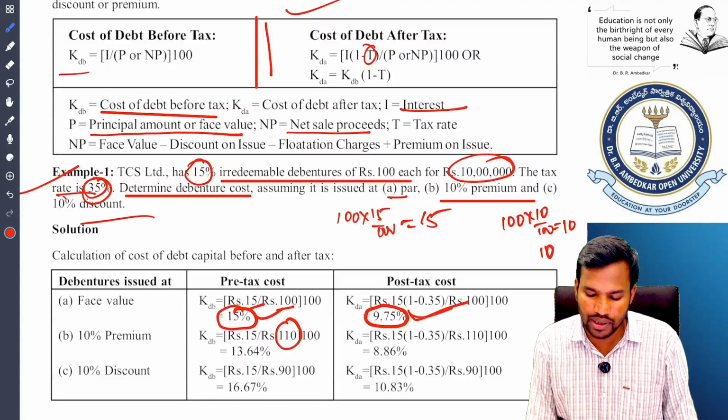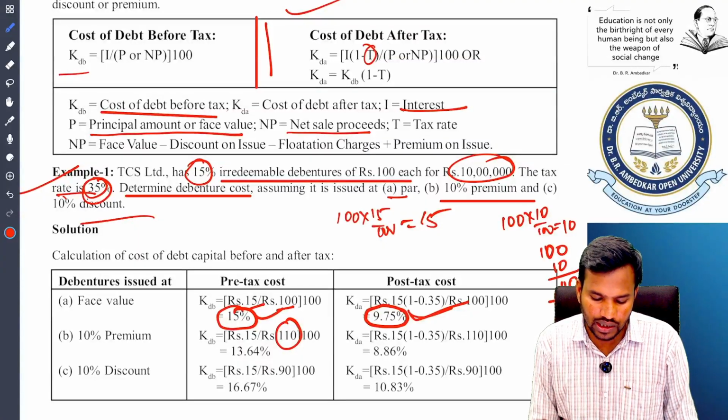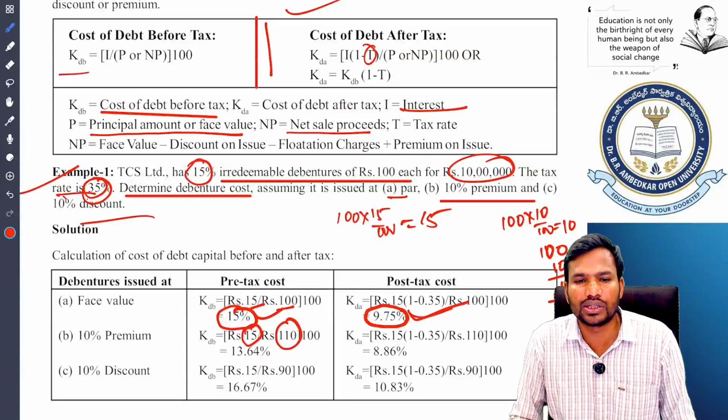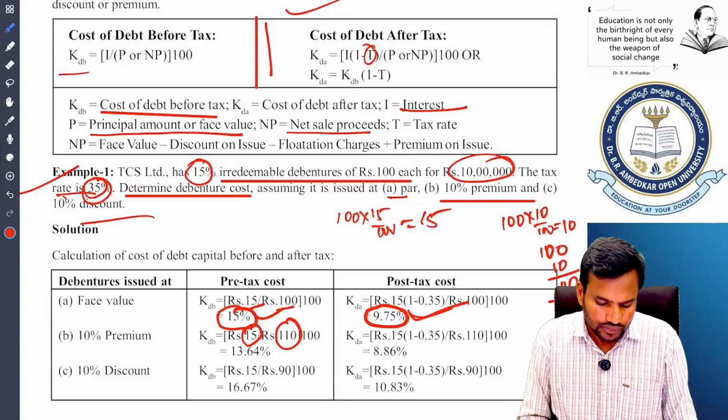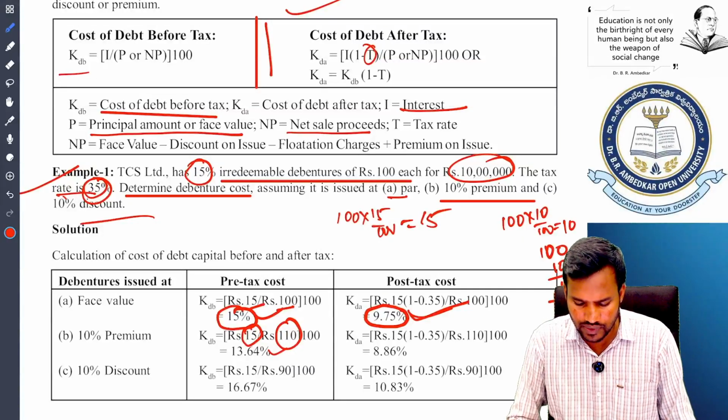The company issued at 100 rupees, then premium amount 10, so it will become 110. The interest is 15 rupees only, but the company should pay 110 rupees. If we do the calculation, 15 divided by 110 into 100, then 13.64 percent will become.